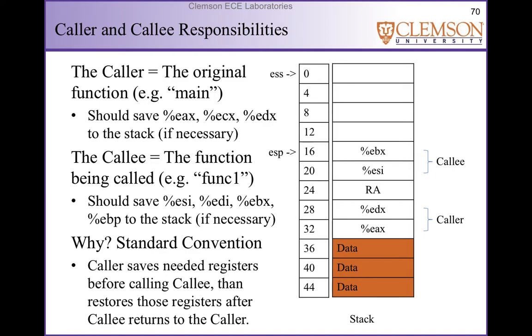If you're using them previously in the caller, before you do the call, you've got to save EAX, ECX, and EDX so you can use them inside your simple subtract function. Please remember, if you're not using one of these three, you don't have to save it. The callee function is when it jumps to that label, simple subtract colon; right after that line, you have a callee responsibility to save ESI, EDI, EBX, and EBP.